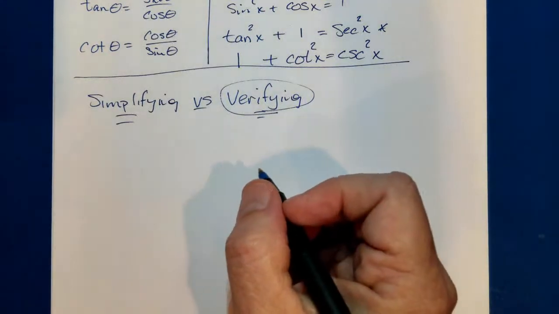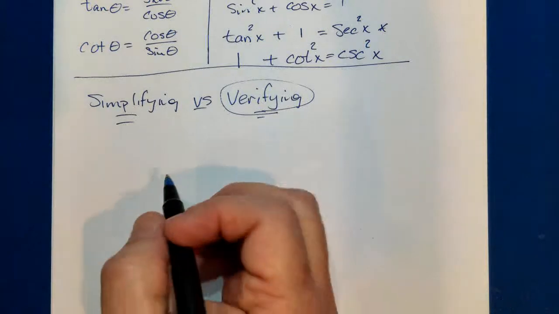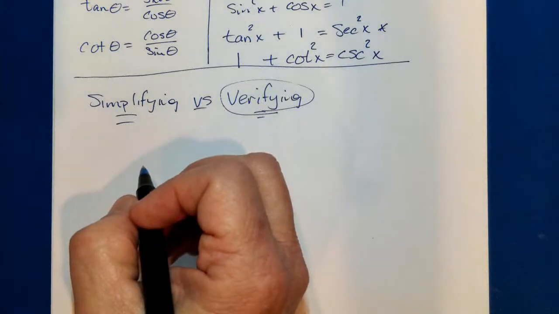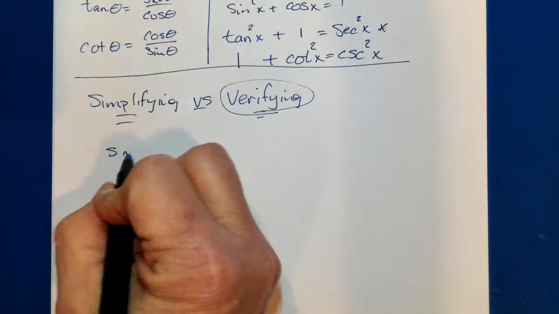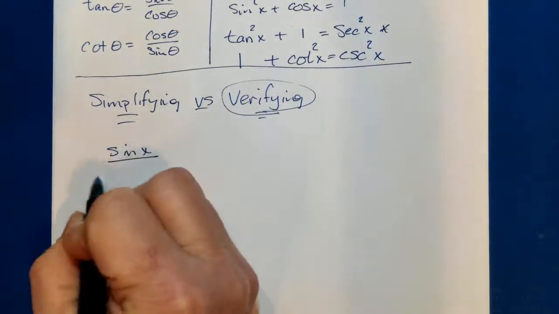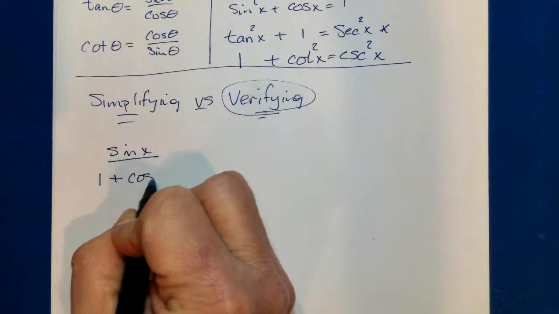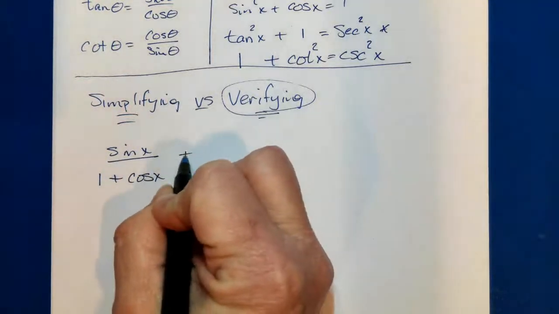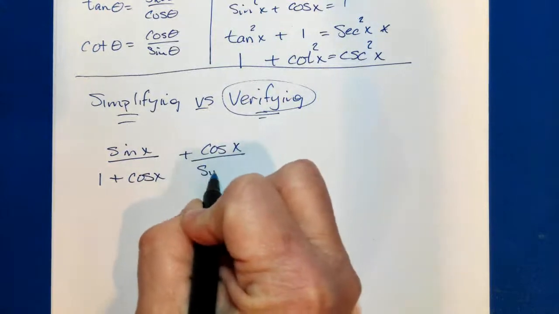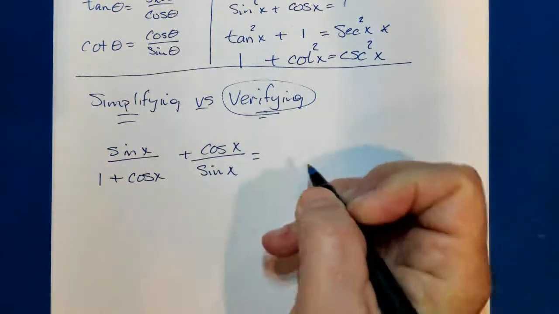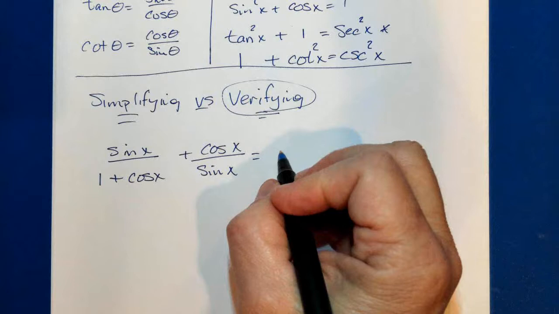All right. Suppose I'm given a problem like sine x over 1 plus cosine x plus cosine x over sine x is equal to cosecant x.